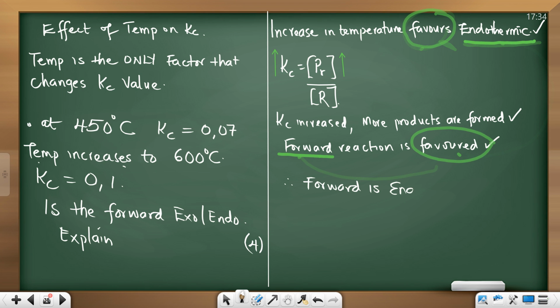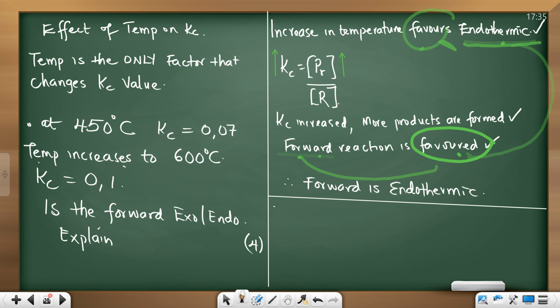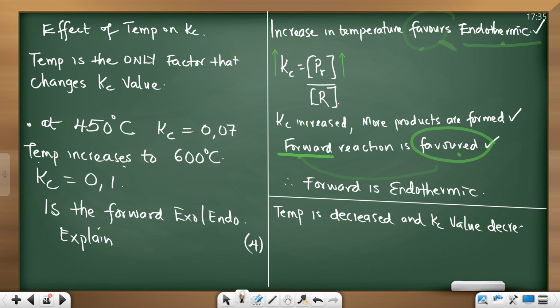Let's try one. I'm going to give you one quickly. Please, I want you to try as much as possible to get it. Let's focus. 2 minutes, try it. Let's see your answer. I want to see whether you understand what I just did. Temperature was decreased and the Kc value decreased.